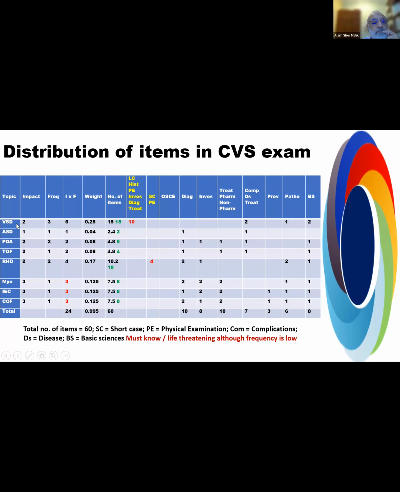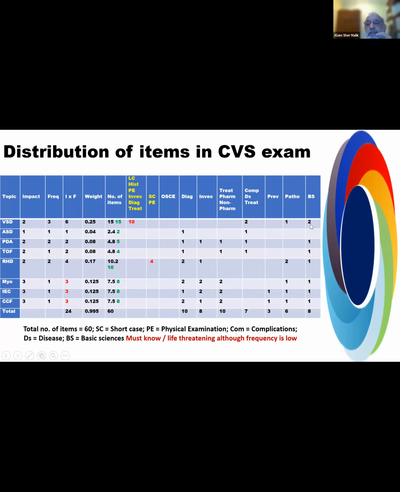So this means that 15 questions should be related to VSD, and then we divide these questions. For example, in this situation, 10 questions would go into the clinical, which can be in the long case, history taking, physical examination, investigation, etc. And 5 questions come into the written examination, which would be the complications of the disease, treatment, pathophysiology, and related basic sciences.